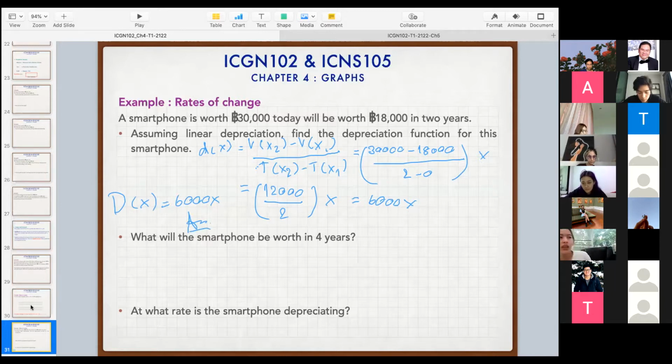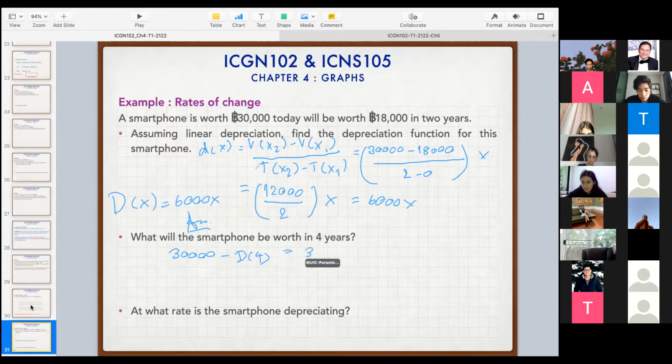The worth of the smartphone is 30,000, that is the original value, right? Subtracted by D4, that is the depreciation in the next 4 years.